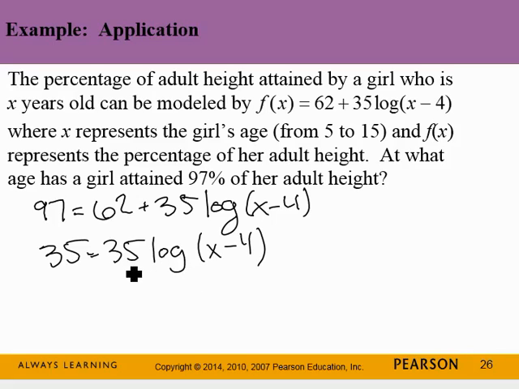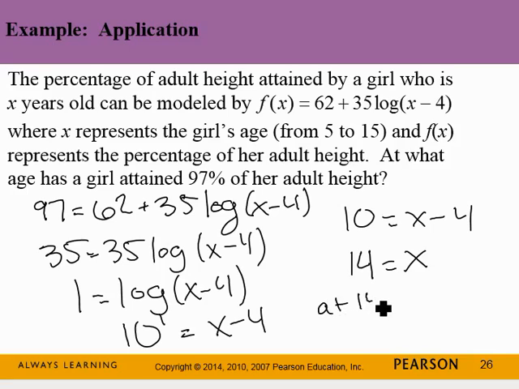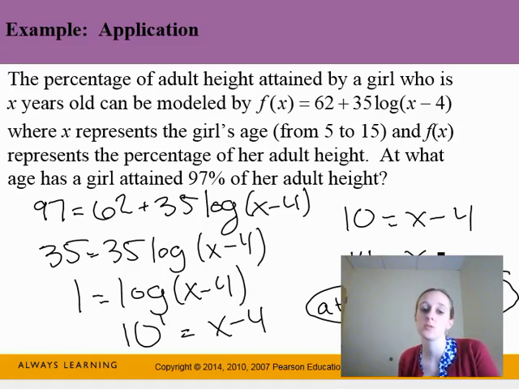Divide both sides by 35 because that's what's in front of my log, so I'll end up with 1 equals log of (x minus 4). So this is 10 to the 1 equals x minus 4. So at about 14 years old, she will have her 97% of her adult height.